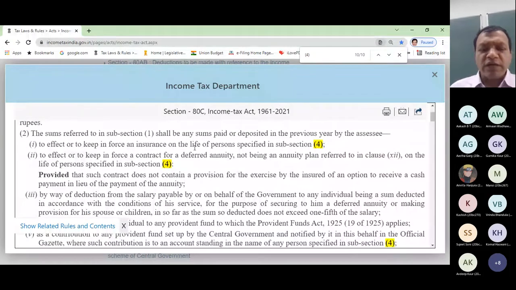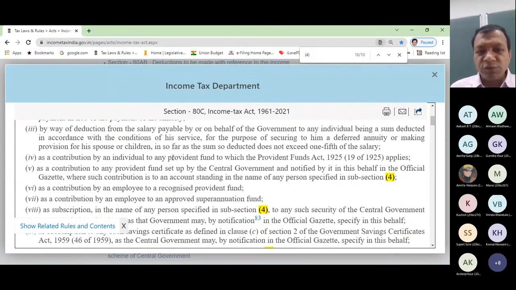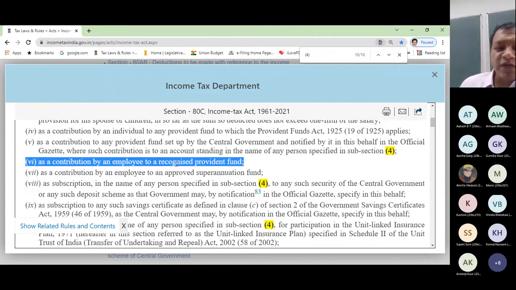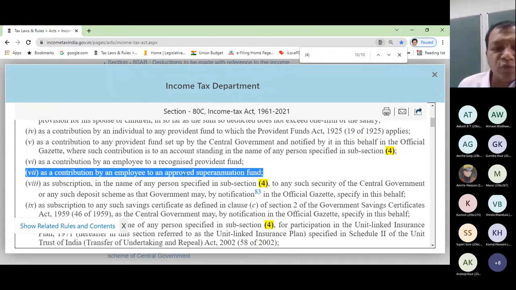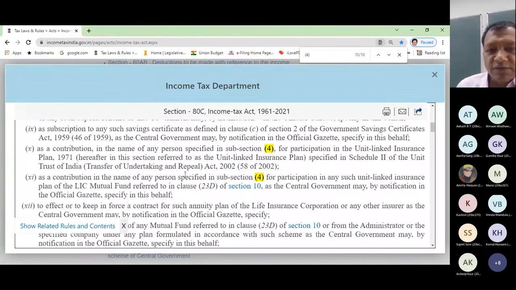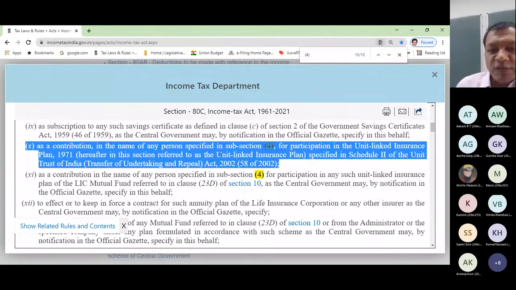So I have told you one point, life insurance premium, and there are many clauses. Clause 2, clause 3, clause 4, PPF. I will simplify this. Clause 6, RPF. Clause 7, approved superannuation fund. I'm telling only the relevant ones. Unit linked insurance plans.